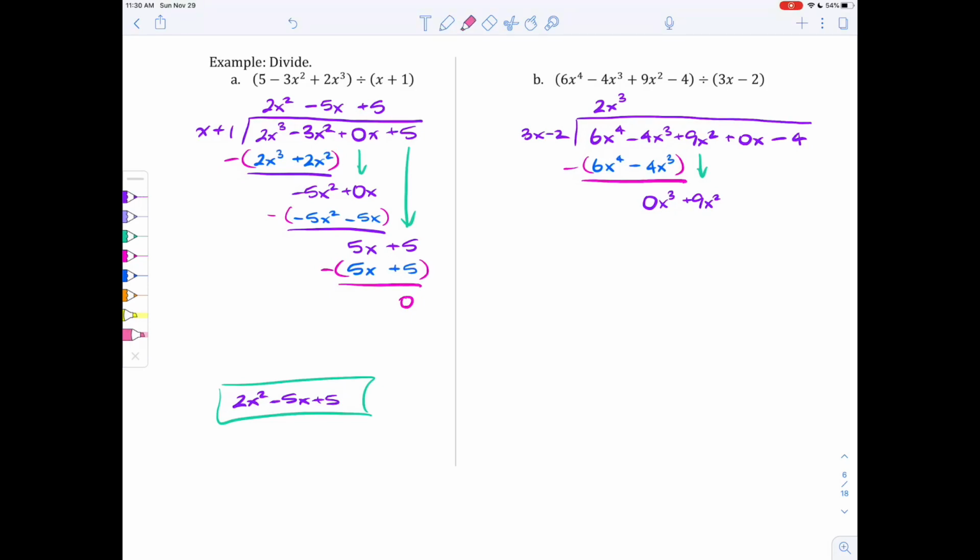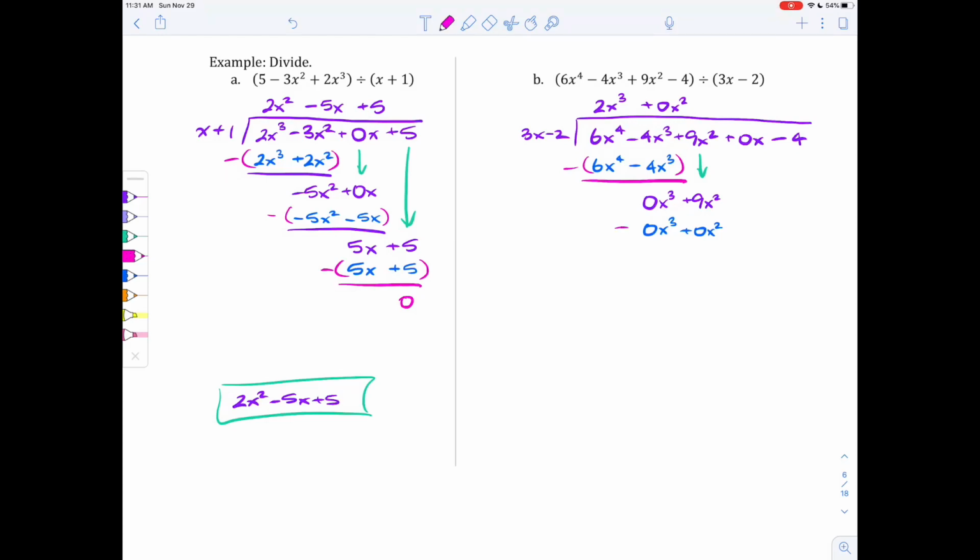Dividing again, taking 0x cubed, our leading term there, dividing by 3x, our leading term there. And, well, 0x cubed divided by 3x is just going to be 0x squared. And as we multiply that by everything, 0x squared times 3x is 0x cubed. 0x squared times negative 2 is 0x squared.